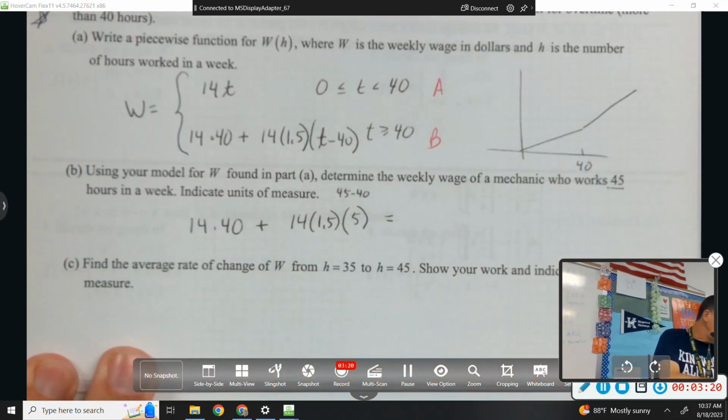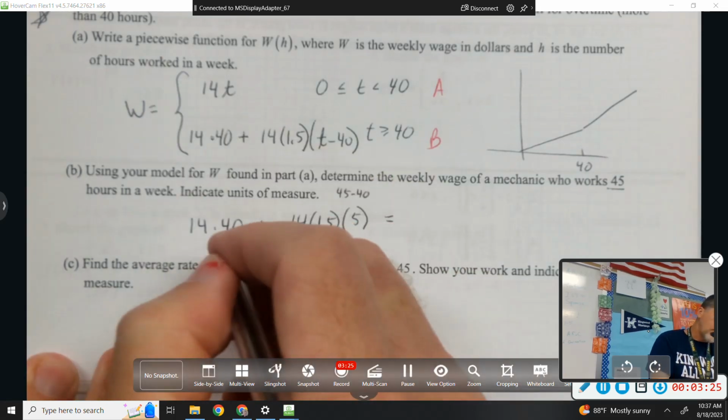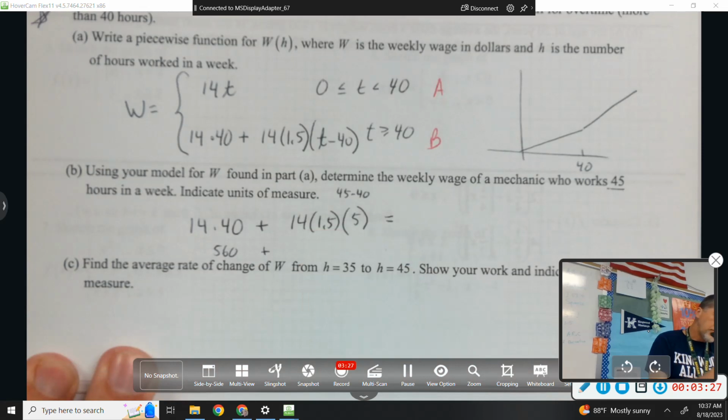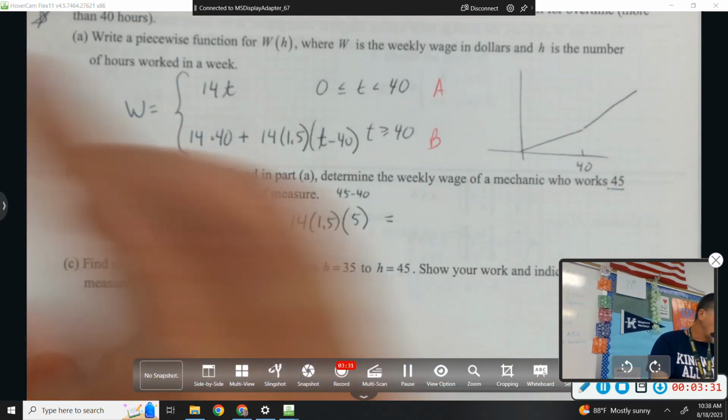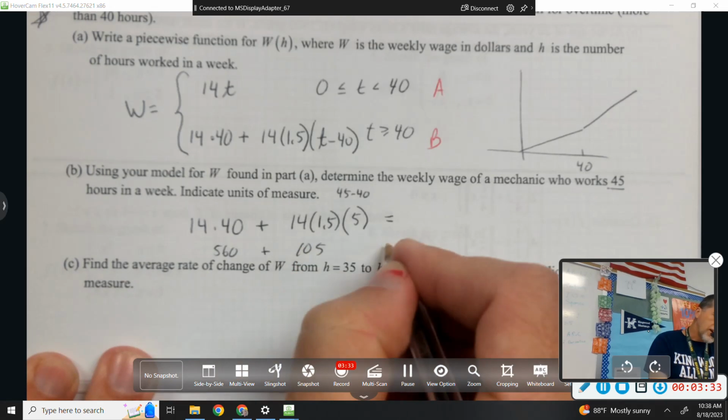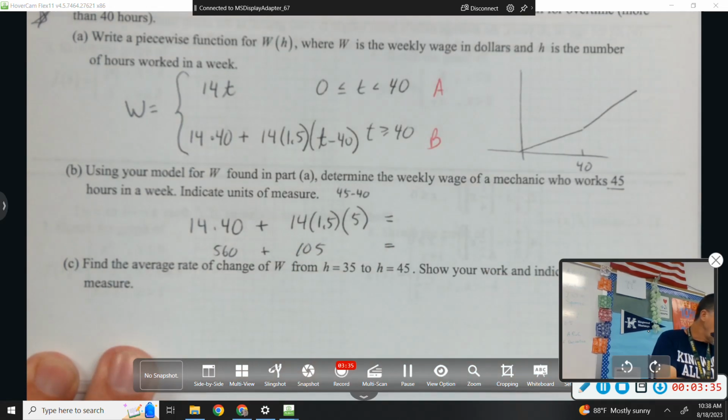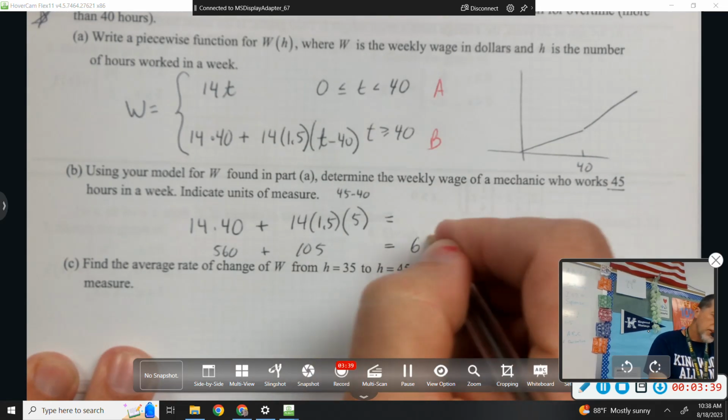So what would that be? 14 times 40 is 560. 14 times 1.5 times 5 is 105. So 665.